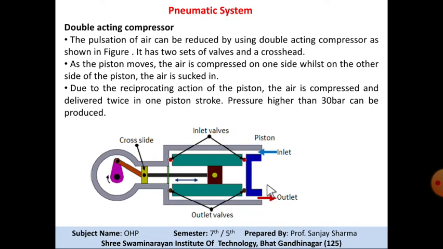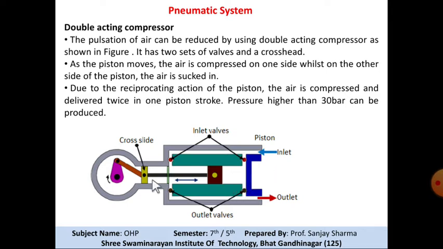Another advantage is that in a very short duration of time we can store more air, because in every stroke the air is sucked and in every stroke the air is delivered, while in a single acting compressor air is sucked only during the suction stroke and delivered only during the delivery stroke.